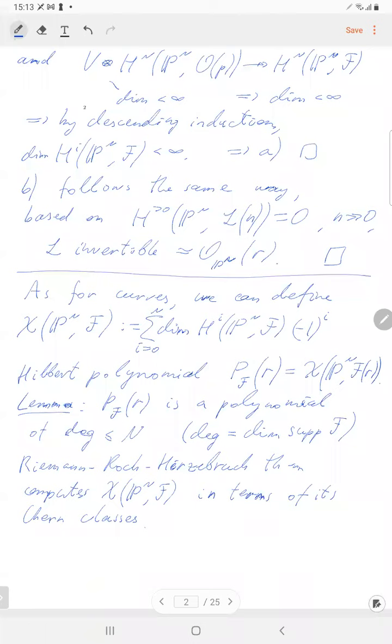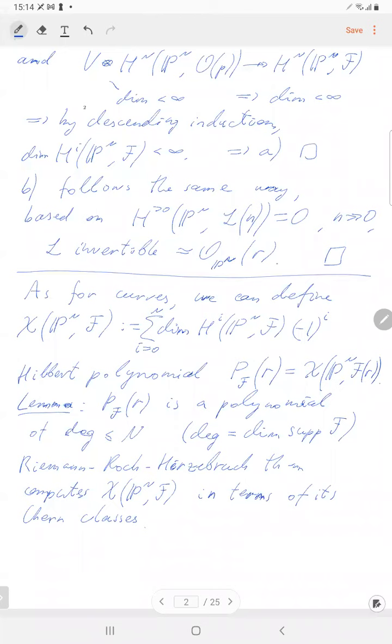But well, maybe the most important message is that say if your sheaf F is just a vector bundle on the whole of Pn, then somehow its Chern classes are of some topological nature. So they're very rough topological invariants.